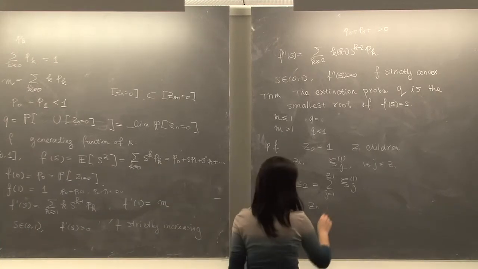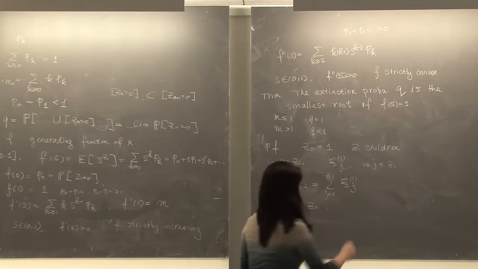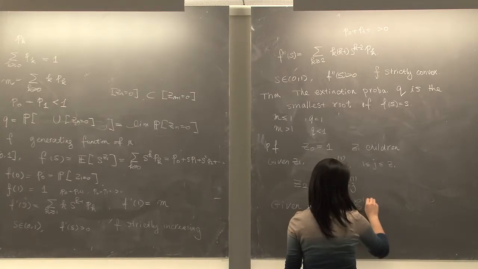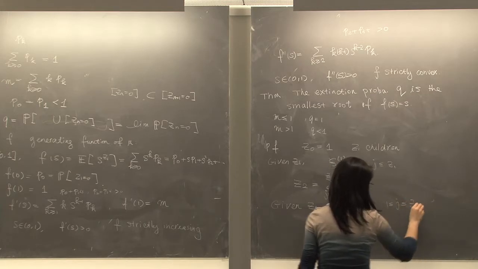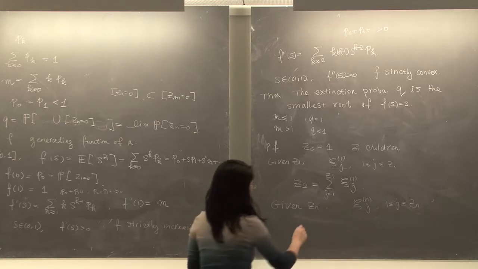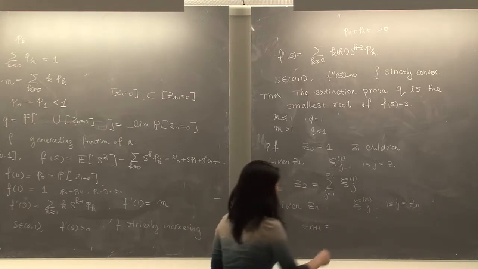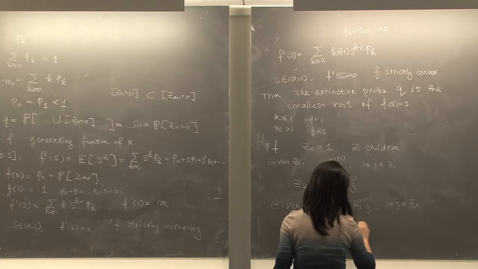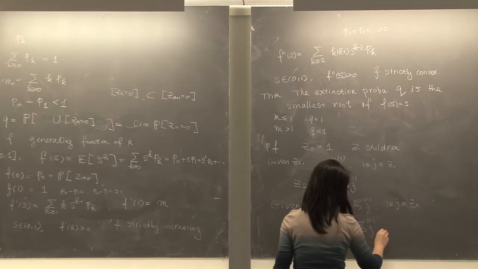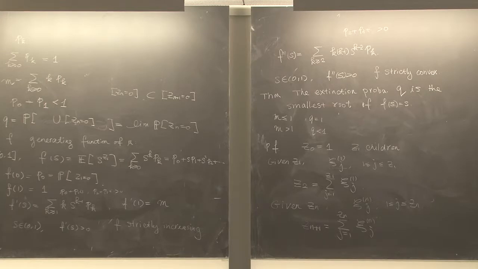Then for the n+1 generation, each particle in the nth generation has a random number of children. And the total number of the n+1 generation is the summation of all these random variables. Okay, this is a math description of our model, the Galton-Watson tree.